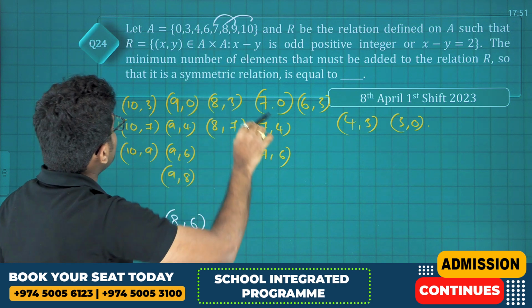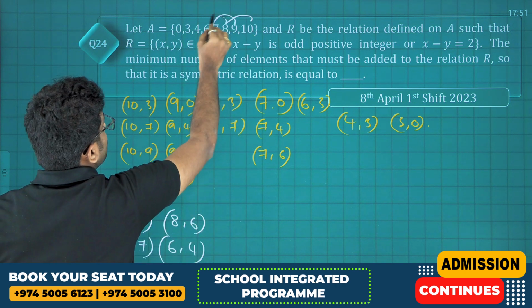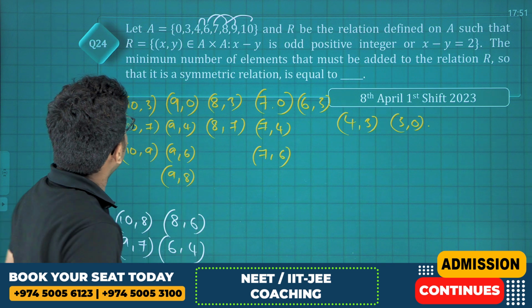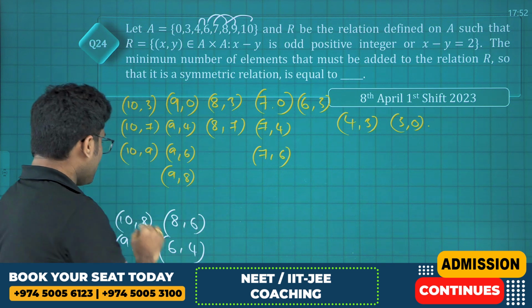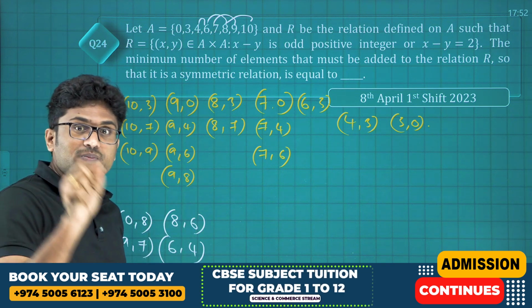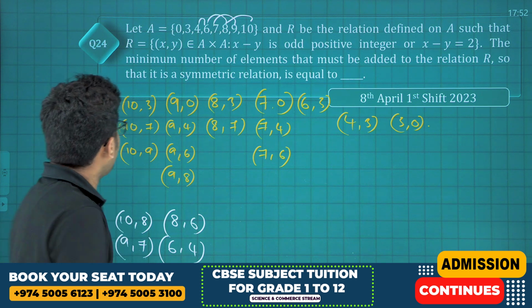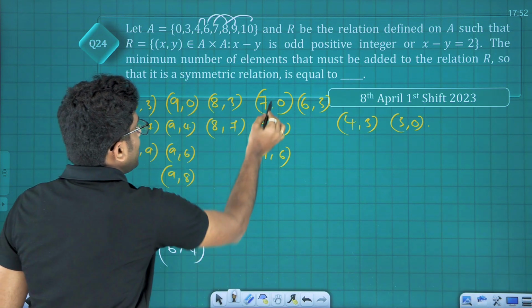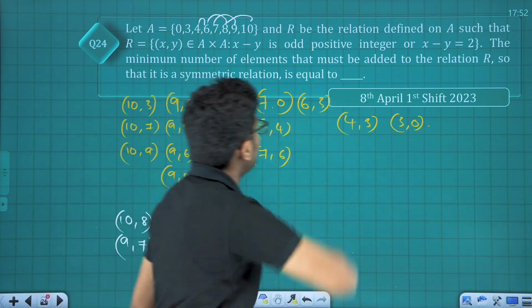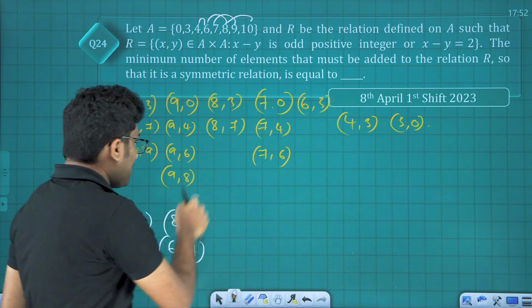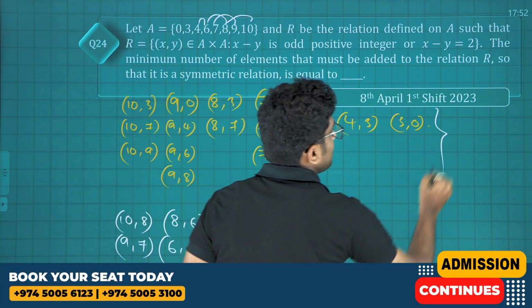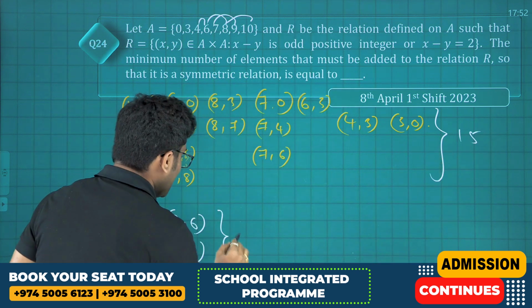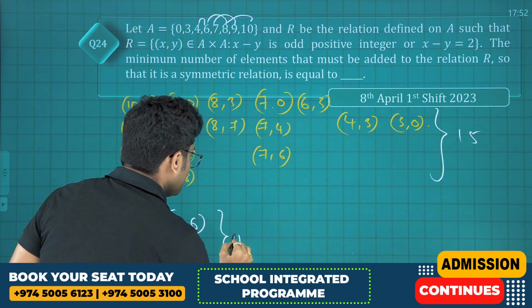So these are the 4 ordered pairs such that x minus y equals 2, and the relation also contains the 15 elements 1, 2, 3, up to 15. Now 15 plus 4: these are 15 elements and these are 4 elements.